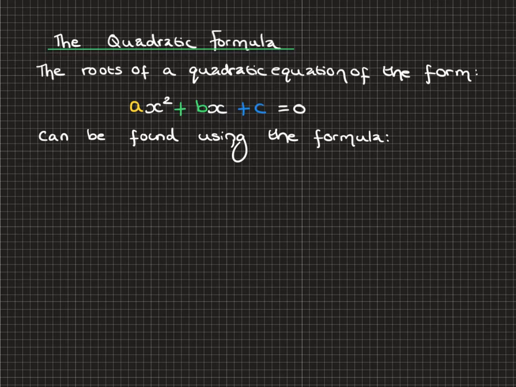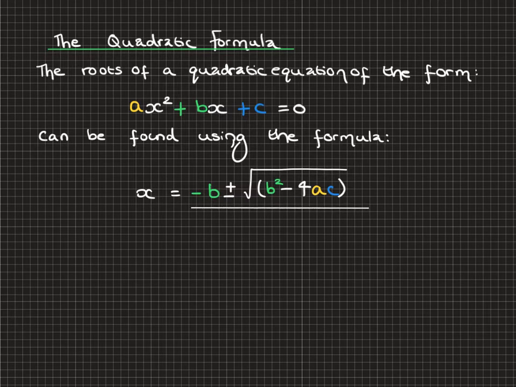Let's write it down. x equals minus b plus or minus the square root of b squared minus 4ac, all divided by 2a.